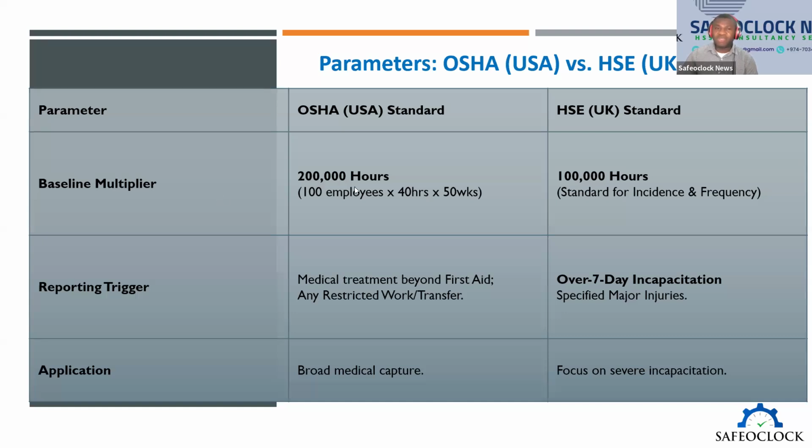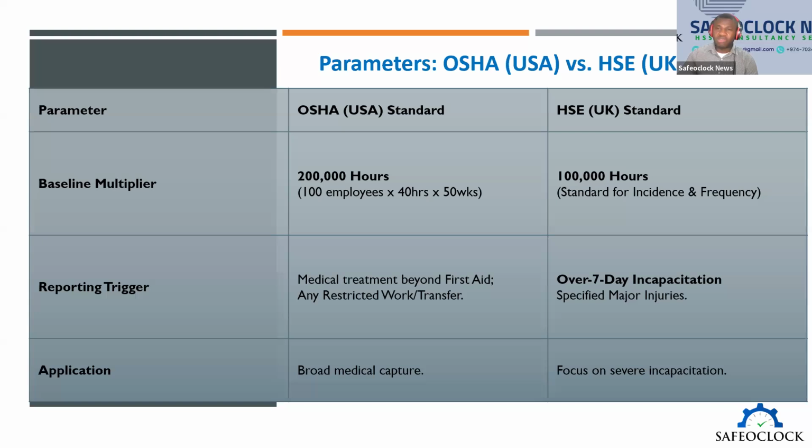That is the baseline multiplier. If you want to do any calculation, incident frequency rate, accident frequency rate, the multiplying factor that we use is 200,000, which represents 40 hours in a week and 50 weeks in a year. So that is 200,000. But for UK, the multiplying factor is 100,000 hours.